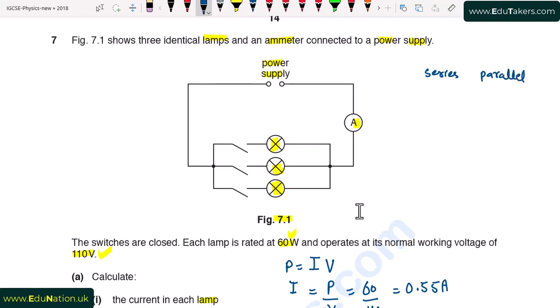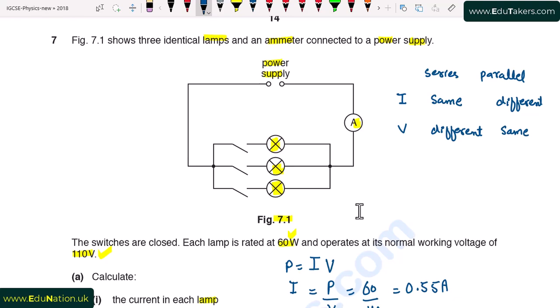Here is current and here is voltage. In series combination, current remains the same and potential is different. In parallel combination, current is different while potential difference remains the same.